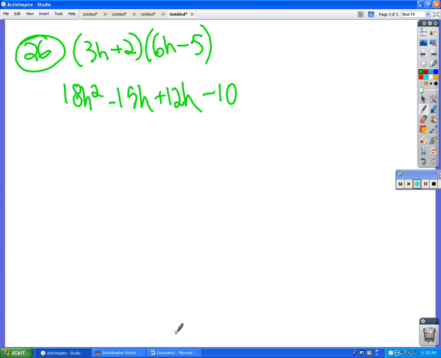Okay, almost done. Who can tell me what like terms you can combine? Lexi. Negative 15h and 12h. Okay, so these combine to give me what? What is negative 15 plus 12?